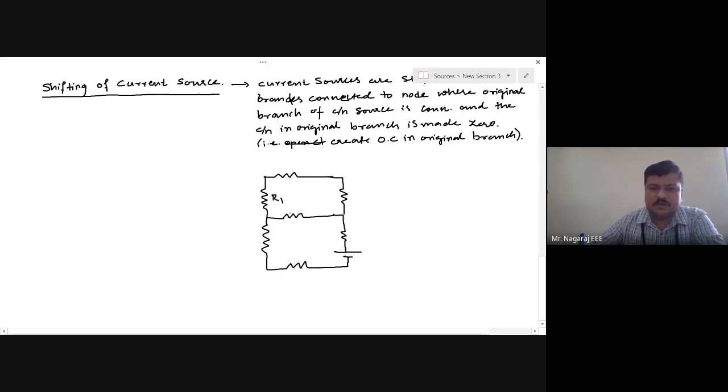Let these be R1, R2, R3, R4, R5, R6, R7, and say V. And I have a current source here.